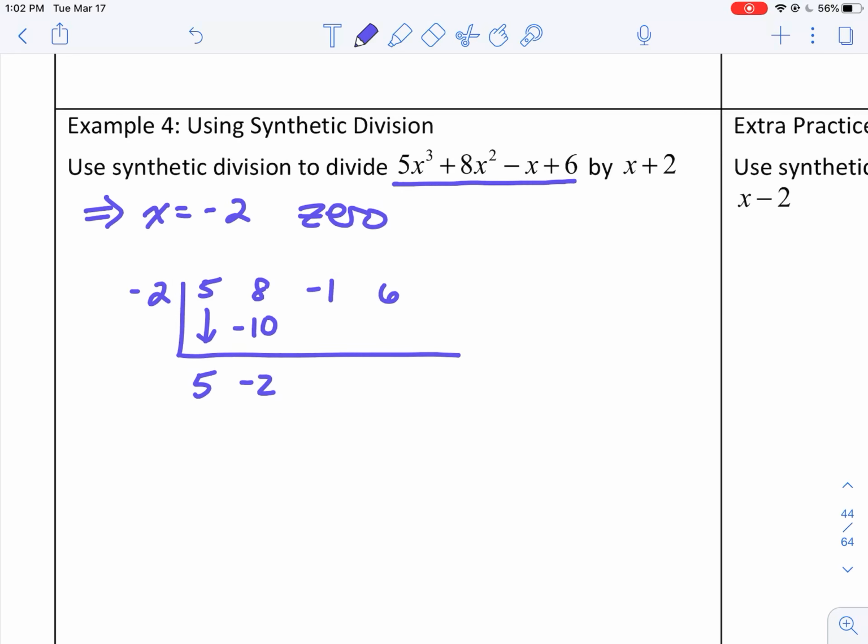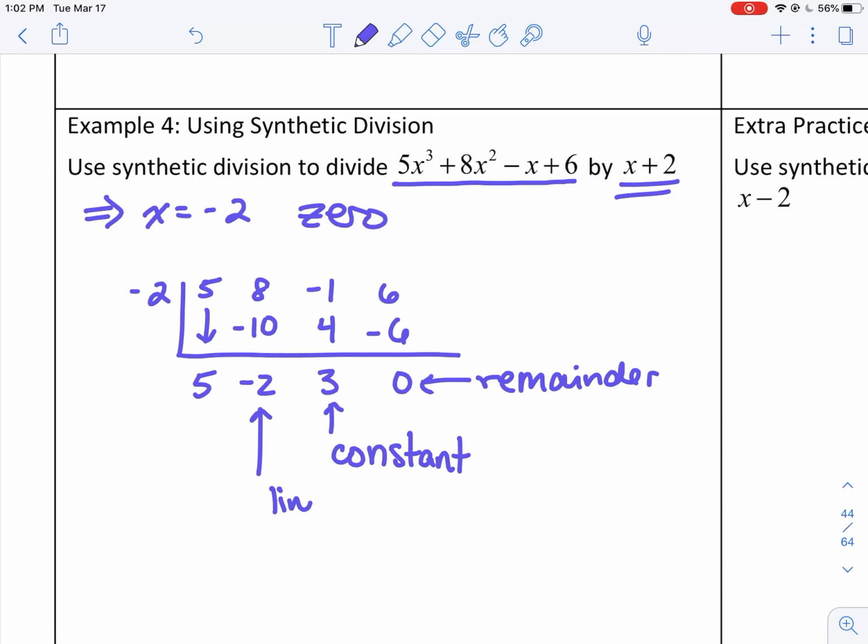Negative 2 times negative 2, positive 4. Negative 1 plus 4, 3. 3 times negative 2, negative 6, add down. 6 minus 6, 0. So we have a remainder of 0, which means that x plus 2 is indeed a factor of our polynomial. And the way that we write our answer, this is going to be the constant.